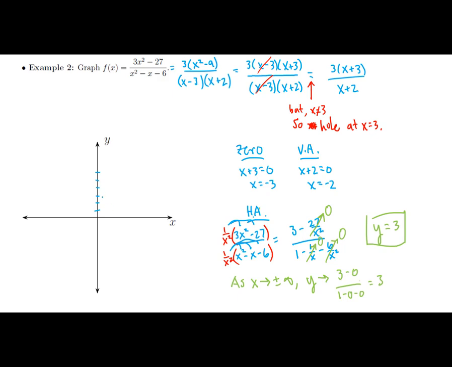At y equals 3, I'm going to put a horizontal dashed line. We'll put our vertical asymptote here at x equals negative 2. And then we have a 0 at negative 3, so that's our 0 right there.